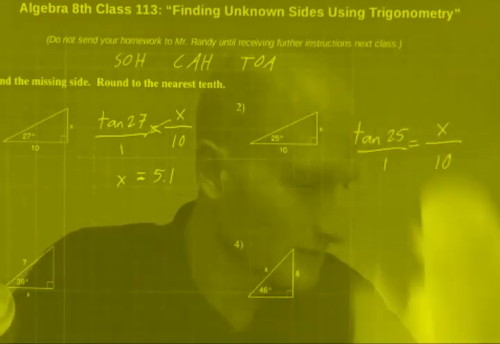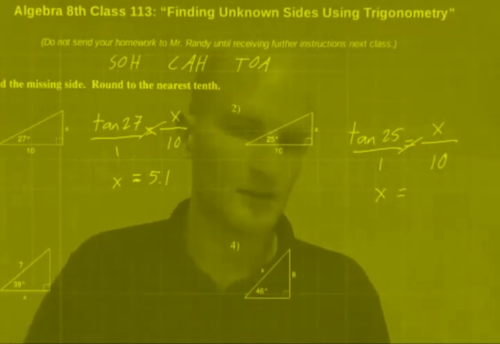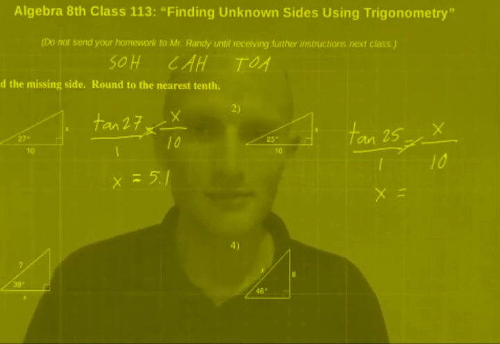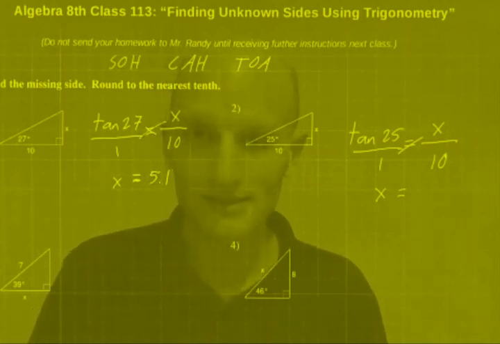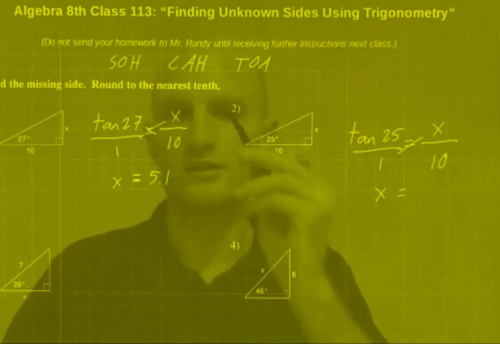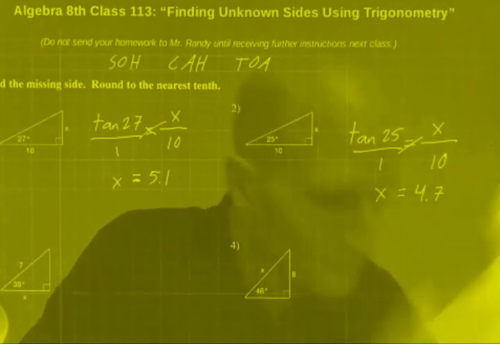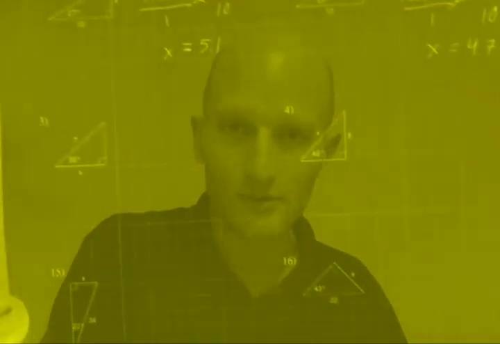So x times 1 is x, and then tangent of 25 in parentheses times 10, or 10 times tangent of 25. And you get 4.663. So rounded, that's 4.7, rounded to the nearest 10th. Boom.